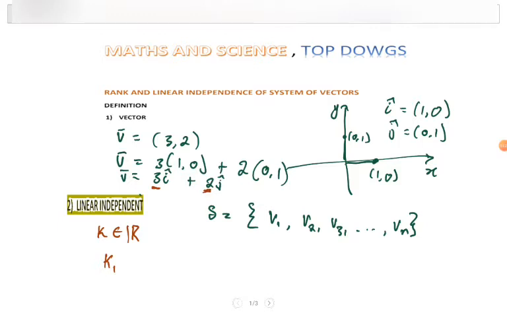So you can define k1 multiplied by v1, which is a vector, plus k2 multiplied by v2, plus and so on, plus kn multiplied by vn, as being equal to 0.